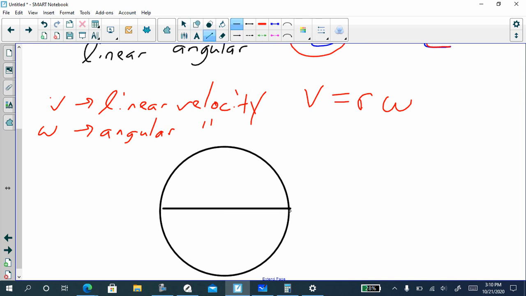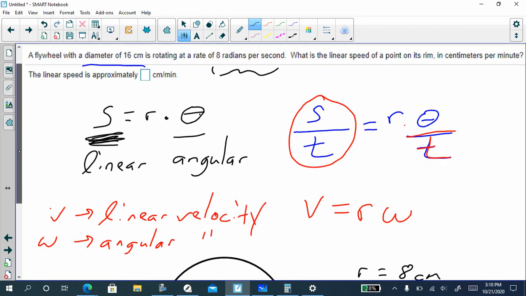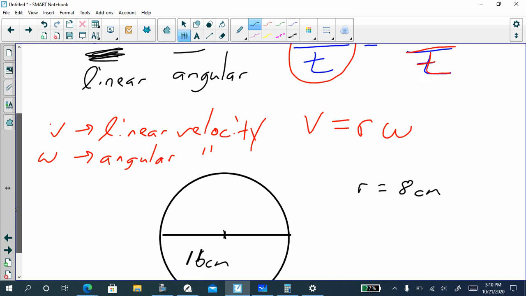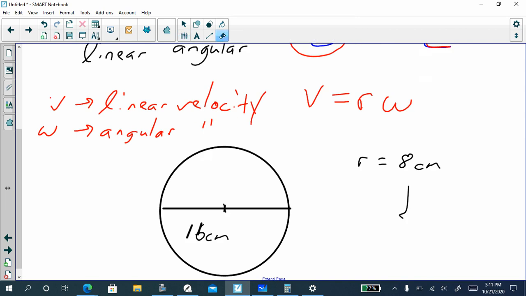So all the way across our diameter, 16 centimeters, which means we have a radius of 8 centimeters, of course. We're rotating at a rate of 8 radians per second. That's omega.